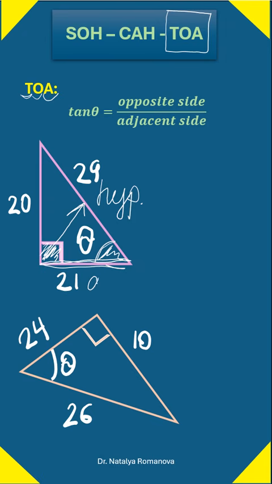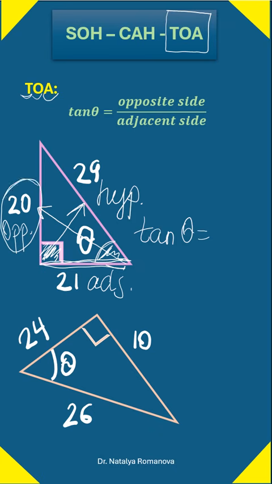So it is the adjacent side. And the opposite side to theta is 20. Now tangent theta equals opposite side 20 divided by adjacent side 21. This is the tangent of theta.